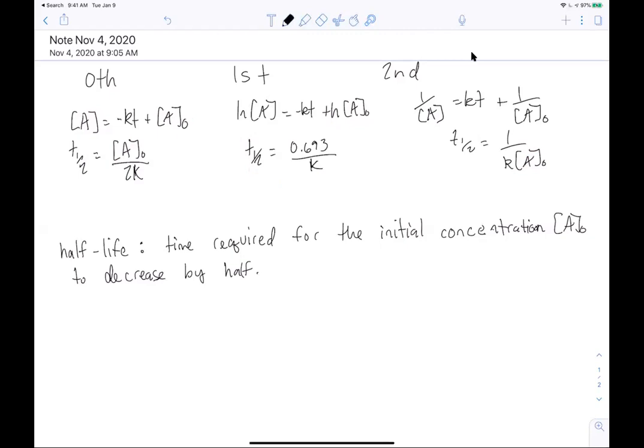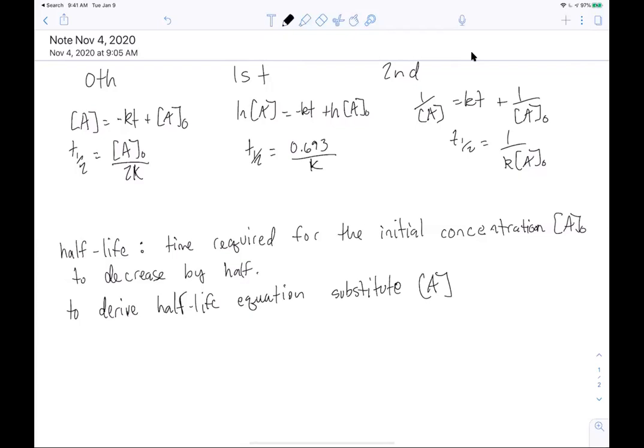But where do these come from? All you have to do is take the integrated rate law to derive the half-life. All we have to do is substitute this in. By definition, the half-life is when the initial concentration A sub 0 goes down by 1/2.